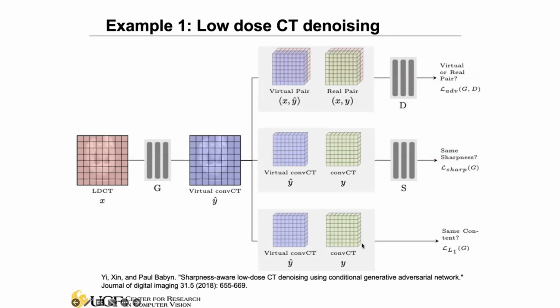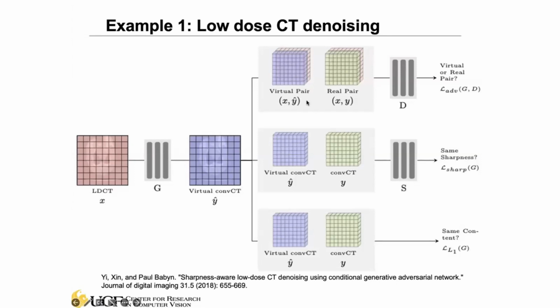So that's one additional loss they add to their approach. And the third one is, again, similar to the conditional GAN. They also have this L1 loss, right, to make sure the content is very similar to the conventional CT, the original input. To generate this data, here they are using paired data, right? It's not like unpaired image to image translation.